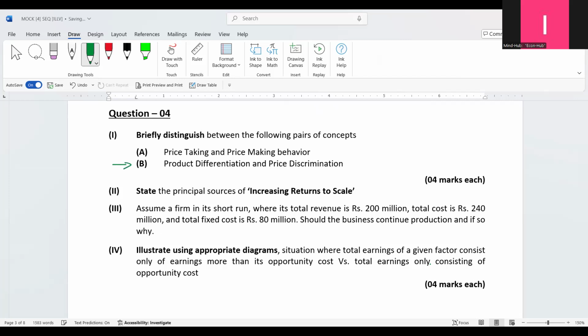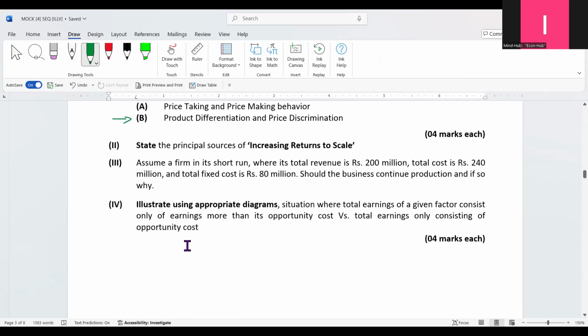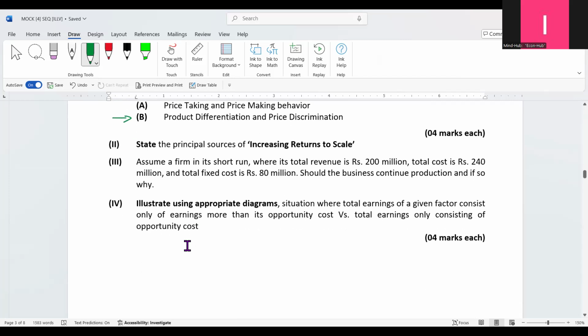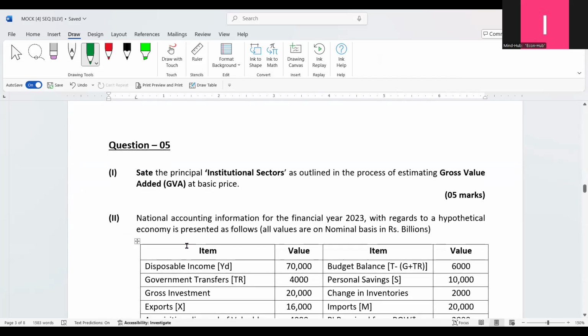So question 4, part 1, part B, product differentiation, price discrimination. I've explained the difference in the answer. So try to go through and see how you understood this.